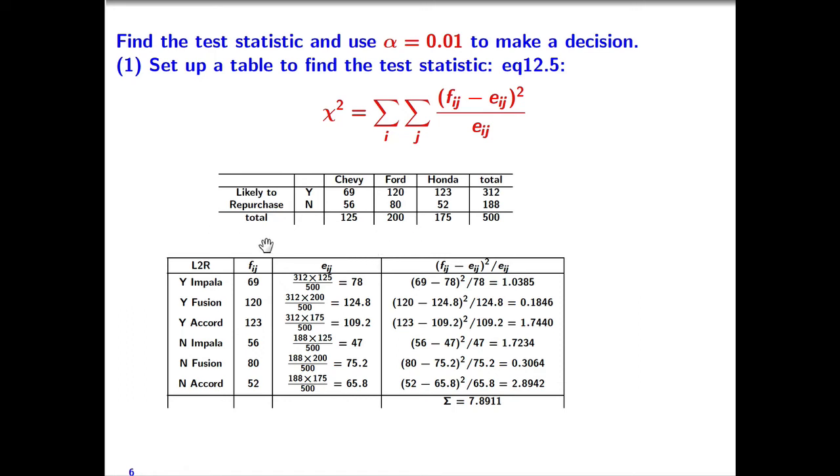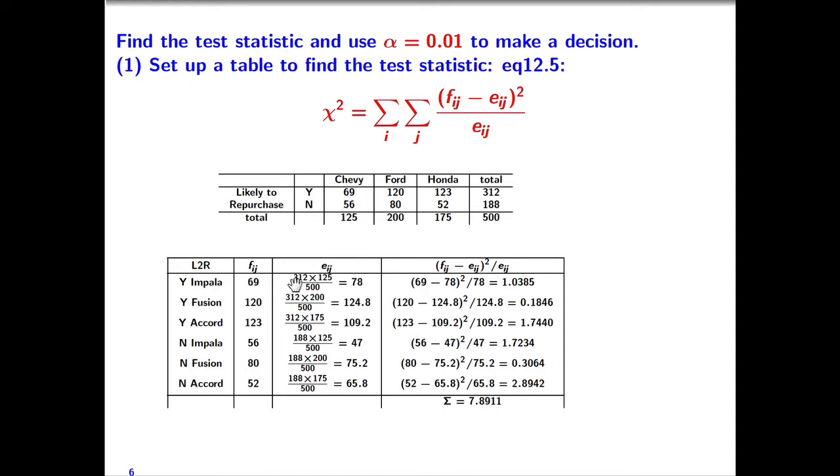And now we need to compute the expected frequency Eij. So associated with F11, this 69, this location is F11, you have subtotal of 312 and subtotal of 125 and grand total of 500.